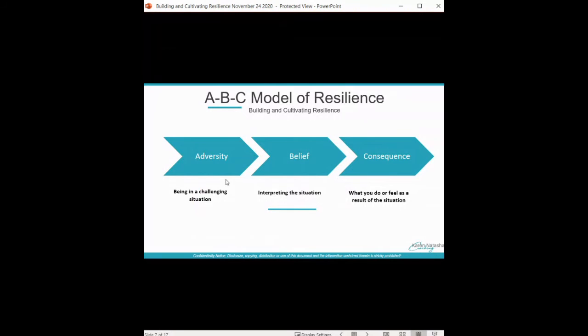B is the belief, an explanation as to why a situation possibly happened. And C is the consequence, the feelings and the behaviors that come out of all of this. So when you're faced with a challenge or a situation, you have to go back to these core ABCs of how you think, what your belief is, how you interpret the situation. All of this contributes to your resilience.